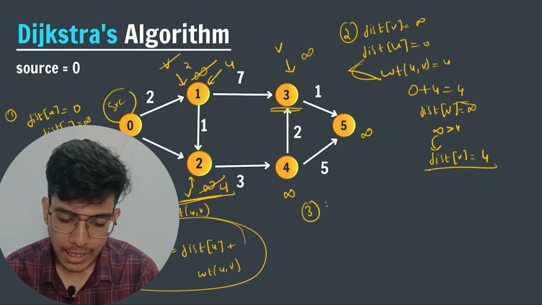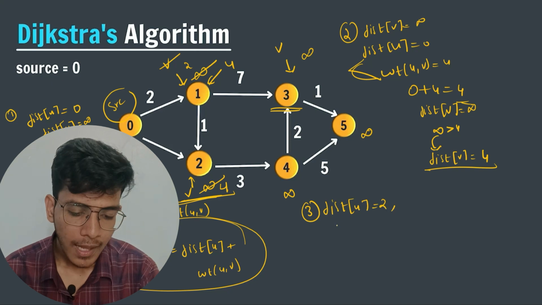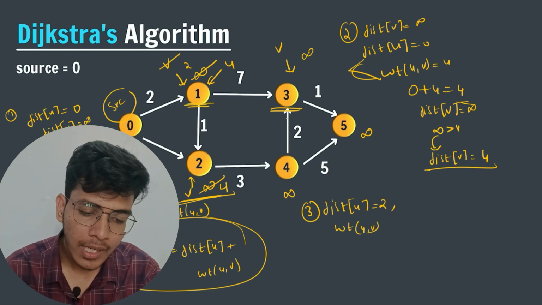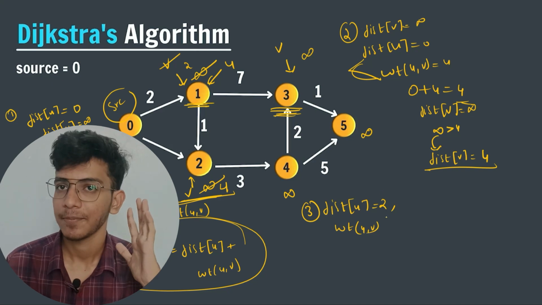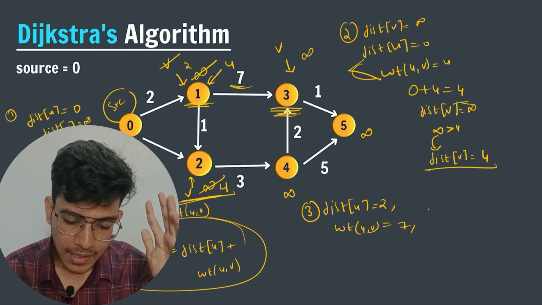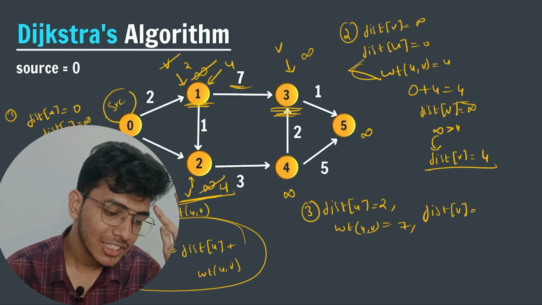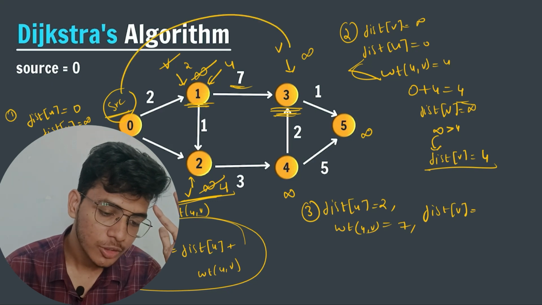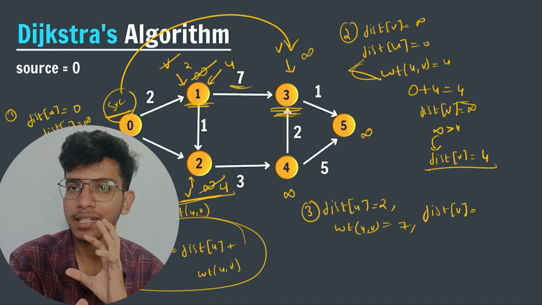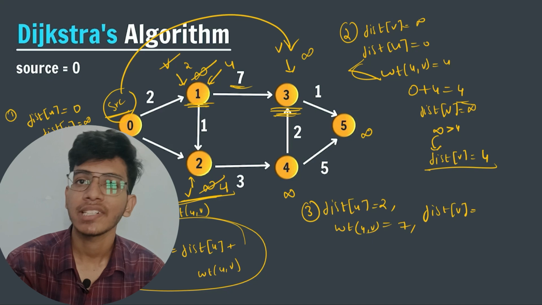So in the third iteration, the distance of u is now 2 and the weight of u comma v, here the u node is 1 and the v node is 3. So the distance is 7 here, and the distance of v from my source node, here this is my source node, right? So from the source node to my v node, what is the distance? I don't have any direct distance, and if I don't have any direct distance, then I will make it infinity.